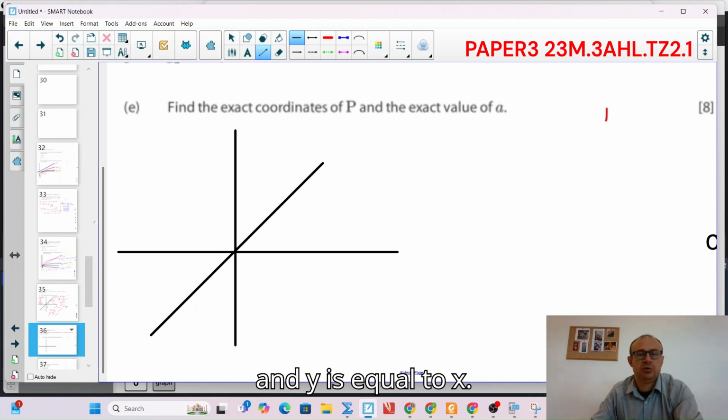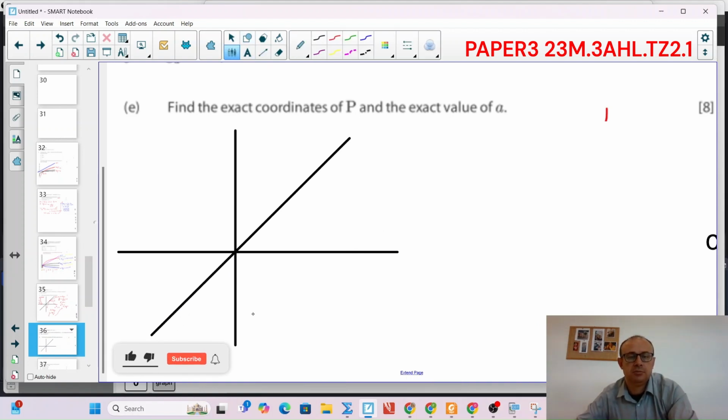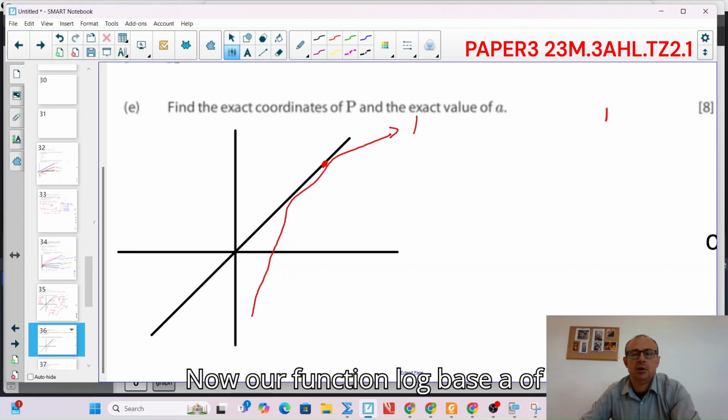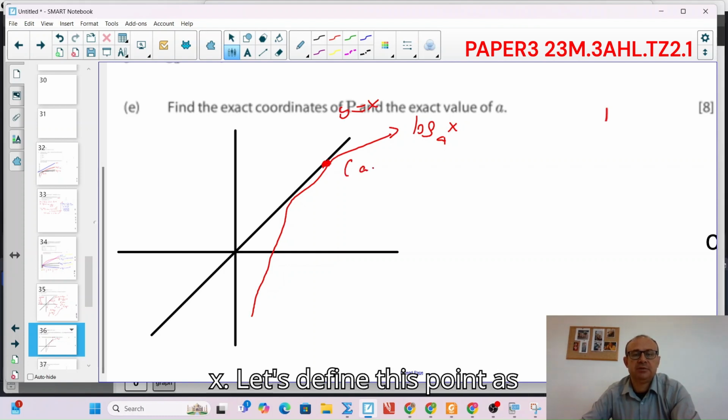And y is equal to x. Now our function log base a of x is tangent to y is equal to x. Let's define this point as (a, a).